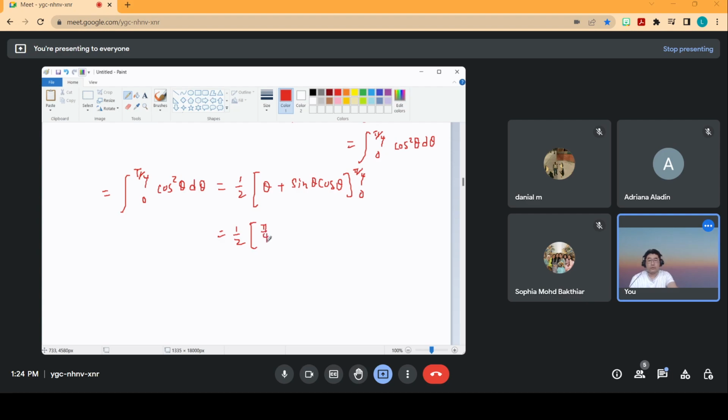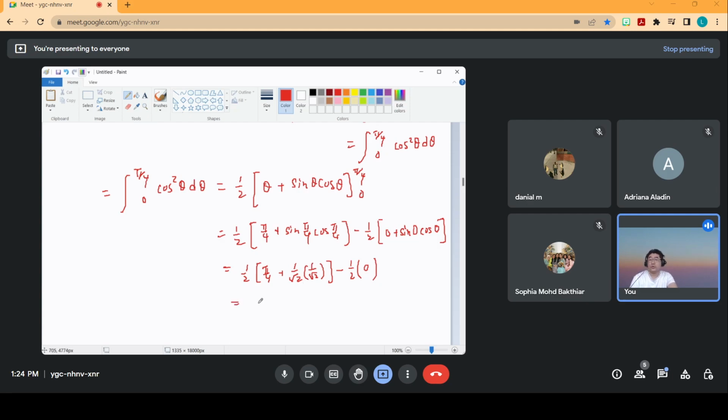So you have pi over 4 plus sine of pi over 4 cos of pi over 4, minus 1 over 2 of 0 plus sine 0 cos 0. So 1 over 2 pi over 4. This one is 1 over square root 2, this one 1 over square root 2, minus 1 over 2, and this is 0.